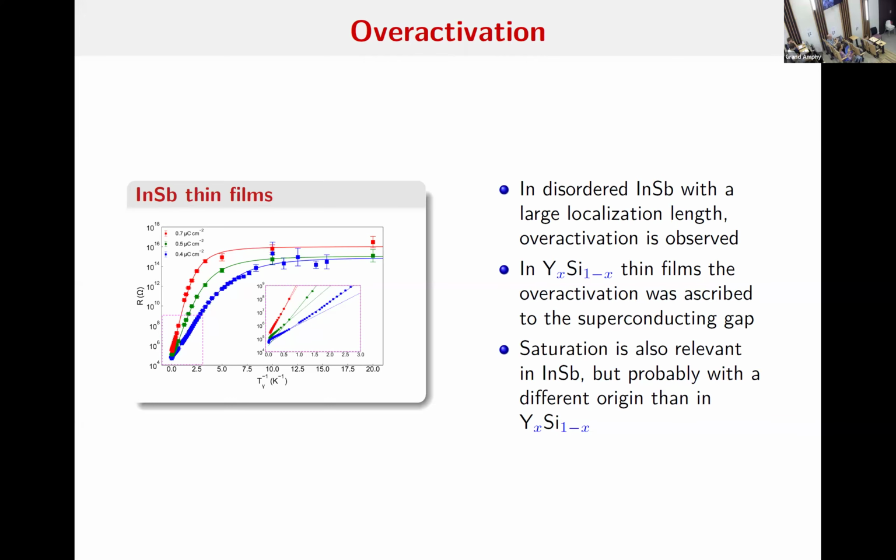So if the grains are big enough and the charging energy is small compared to the activation energy, then the barriers are the important resistive elements, and in this case it's predicted that the saturation should be proportional to the activation energy. This occurs experimentally in this experiment, but we don't know if this is the reason.